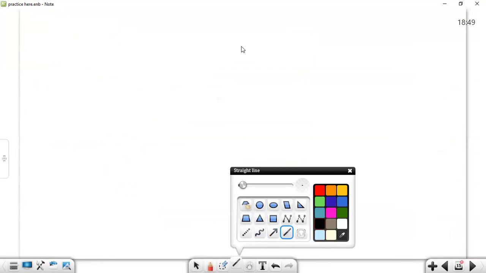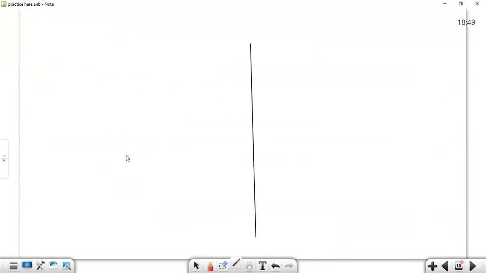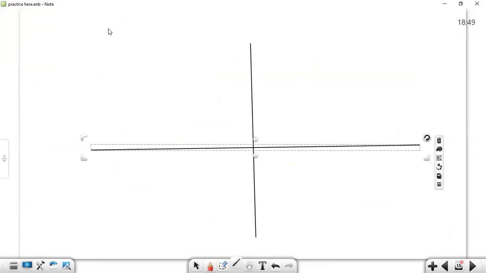Okay. So this is the y-axis, that is f of x. This is the x-axis. Okay, yes.